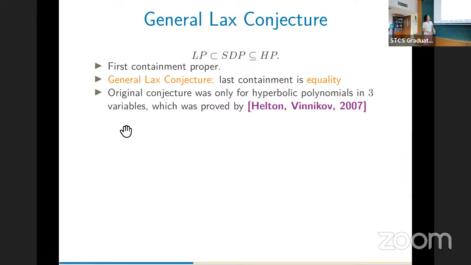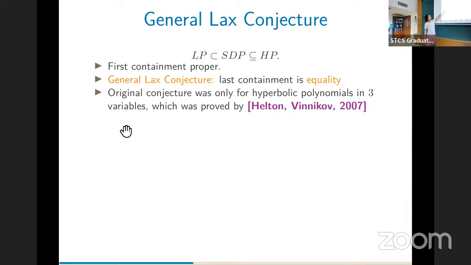Okay, and the original conjecture was only for hyperbolic polynomials in 3 variables, because Lax was just interested in those, and there hyperbolicity cones and hyperbolic polynomials are in one-to-one correspondence. So he just asked this question about the polynomials, and that's why the generalization didn't have the convex set.